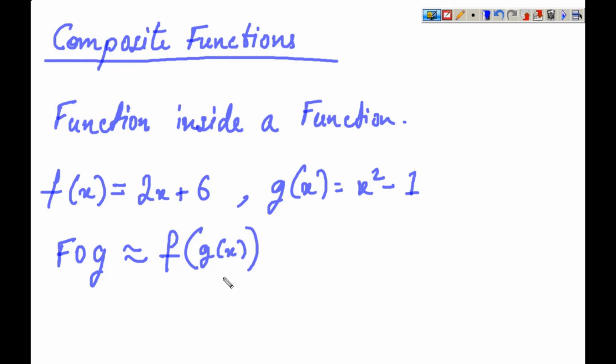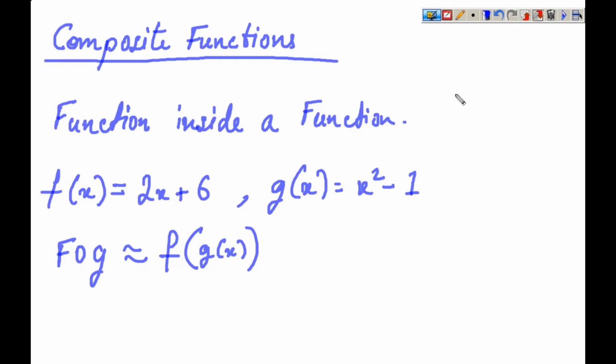So how to find that? We know that g of x is x square minus 1, and f of x is 2x plus 6. So first we need to substitute g of x here. So we'll write f of x square minus 1, and then we'll substitute all this as x. So let's see how it goes.